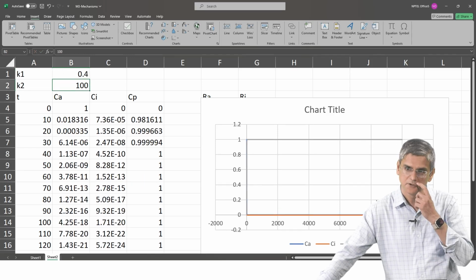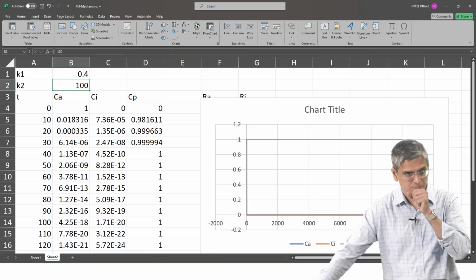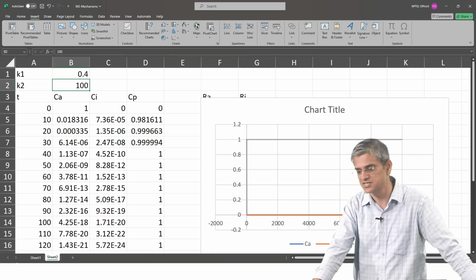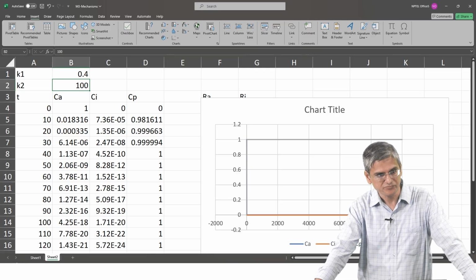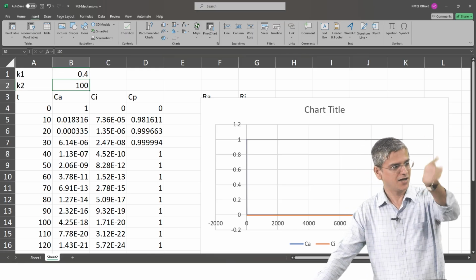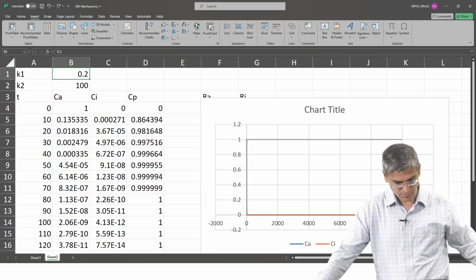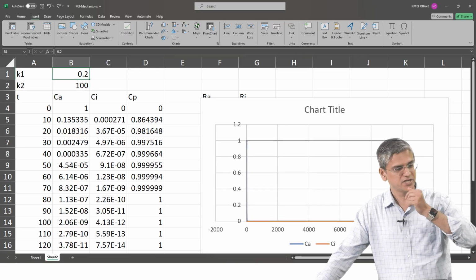Let us change it to 0.4. No change. So, my question to you, what all you have been taught about rate limiting step, is that all nonsense? Clearly R1 is the rate limiting step here, right? There are no two thoughts about it. A to I to P: A to I rate constant was 0.2, I to P rate constant is 100.